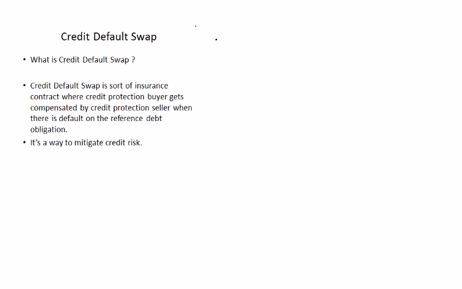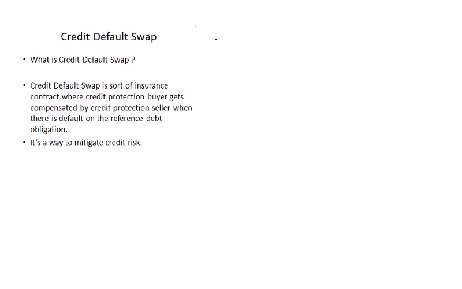To cover up this risk, to compensate for the credit risk, the credit protection buyer is the party who takes a CDS to cover up the credit risk, and hence pays a premium to the credit protection seller, who is the provider of protection in case the reference entity defaults on any of its payment.